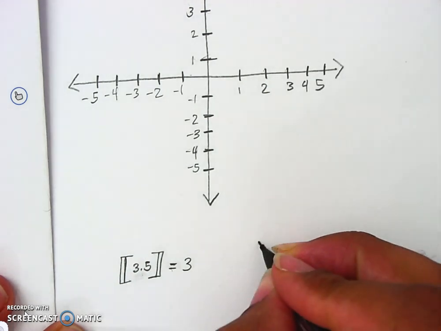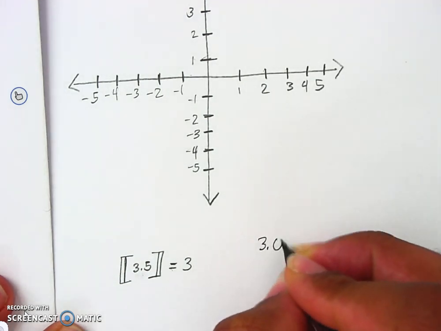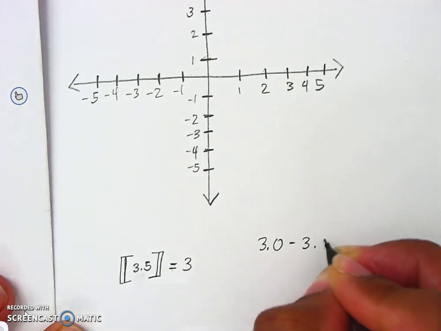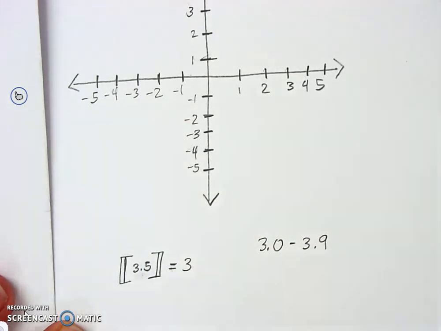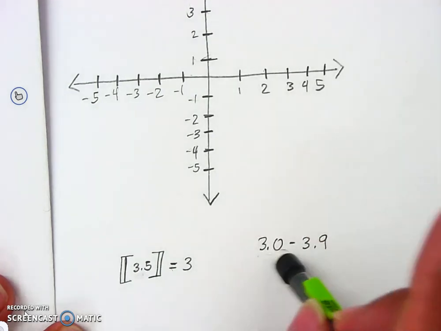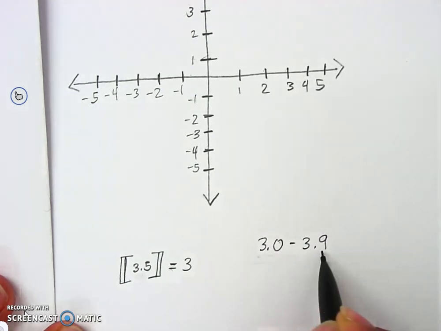So the greatest integer that this number has gotten to so far is 3. That means for any number between 3.0 and 3.9, the greatest integer is 3, because 3 starts as the integer, and then as you go higher and higher, it doesn't get to 4 yet, so you can't say 4, you say 3.